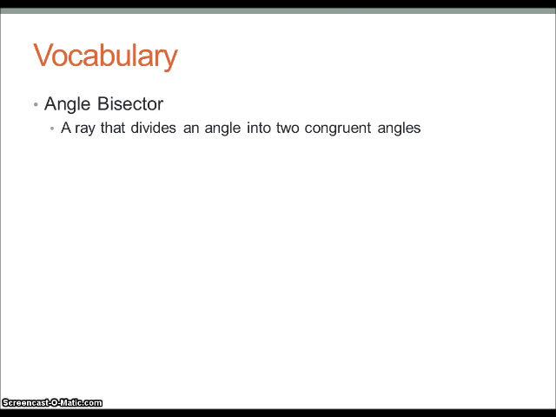Alright, we'll talk about an angle bisector. An angle bisector is a ray that divides an angle into two congruent angles.